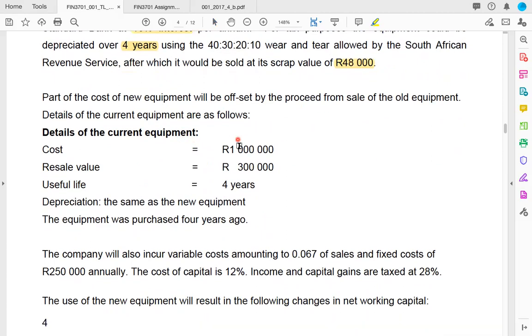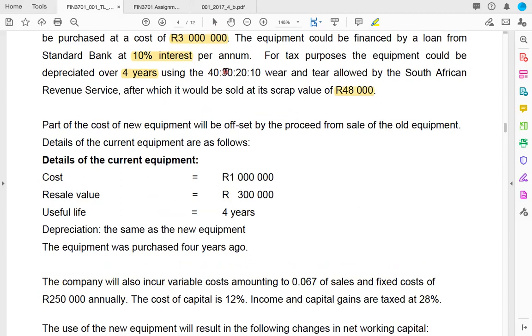And then details of the current equipment are as follows. So this is the cost. The current equipment has a cost of 1 million, resale value of 300,000, and a useful life of 4 years. Depreciation, the same as the new equipment, right? The equipment was purchased 4 years ago. So the depreciation of this current machine is also 40% in the first year, 30%, 20%, and 10%.